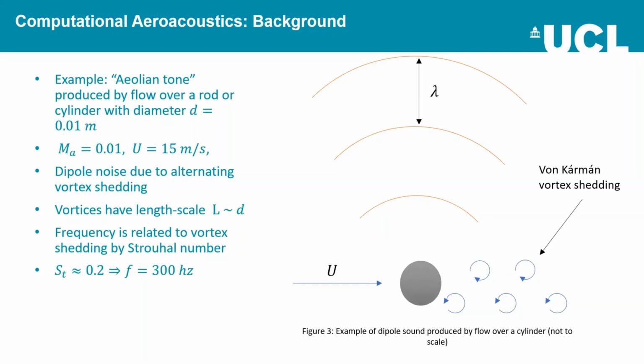For this example, that gives a frequency of 300 Hertz. Now if we know what the speed of sound is, we can work out what the wavelength is going to be, and that's 5 metres. That means we have a wavelength that is 500 times larger than the rod. So we can see that we have this huge separation of scales between the fluid part and the acoustic part.